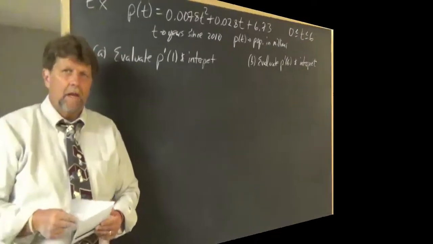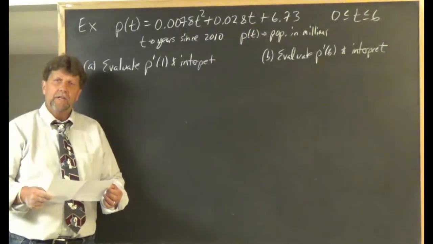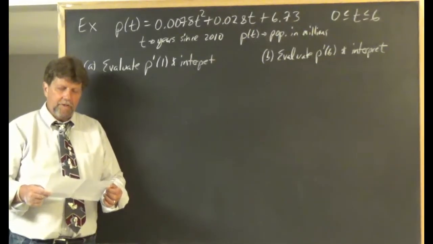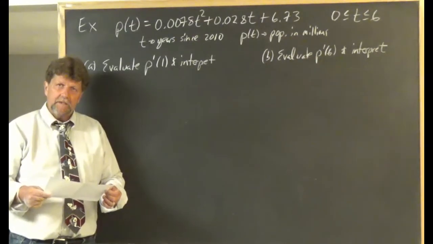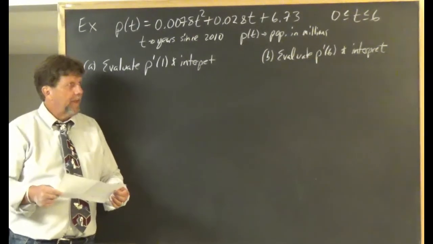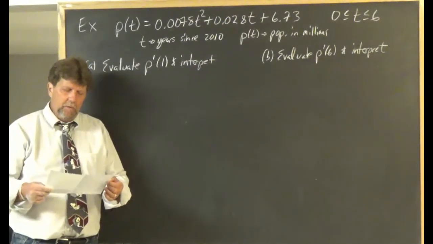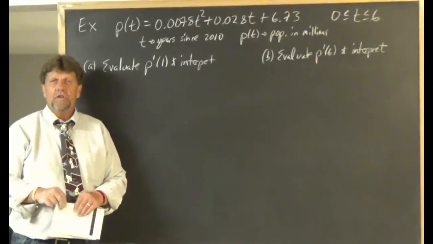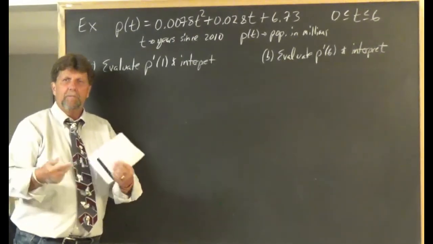All right, in this example, we were given this function, and this function was modeling the population of the state of Washington, and t is the number of years since 2010, and p of t is the population in millions. So part A, evaluate p prime of 1 and interpret. In order to evaluate p prime of 1, we have to first get p prime of t.